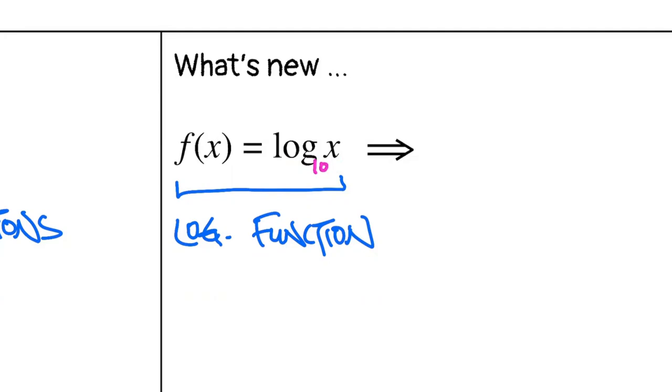And because most of us have 10 fingers, 10 toes, we count by tens, right? We go 1, 2, 3, 4, 5, 6, 7, 8, 9, 10. And then we sort of start over again, 11 all the way to 20. And then we start again. And because we use this 10 so much, we call it a common log. Okay.